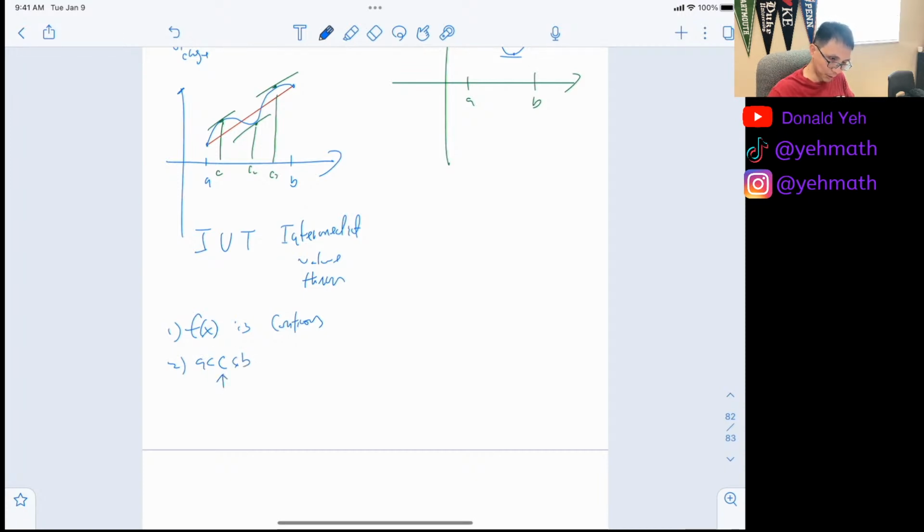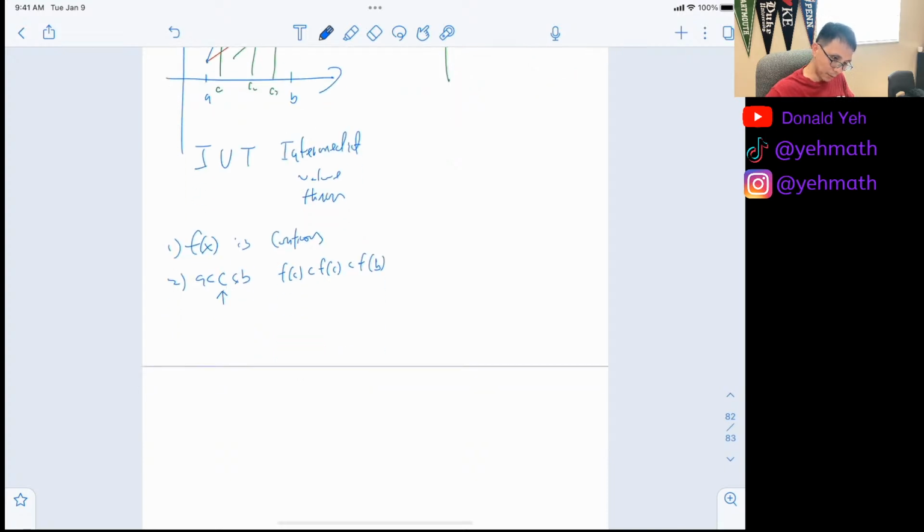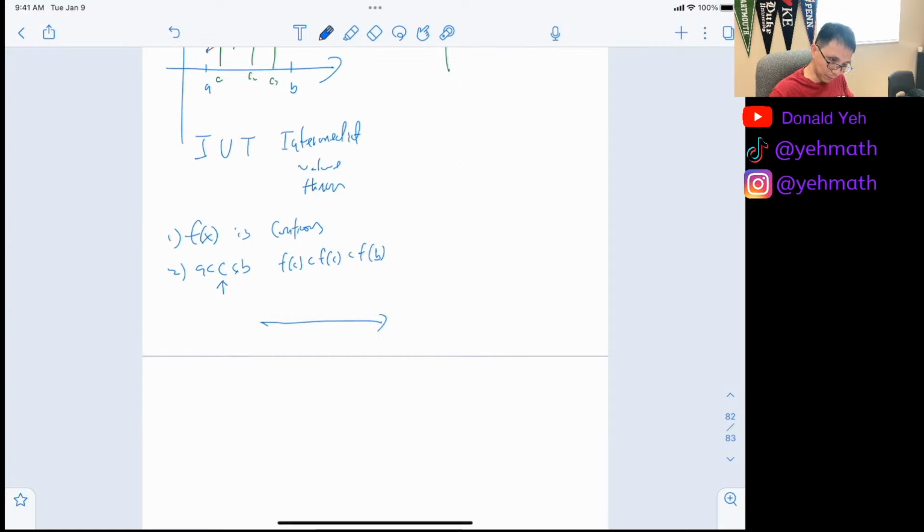And if f(a) is less than f(c) and is less than f(b), the result is that f(c) is equal to K. This part is K, this part is K. So f(c) is equal to K.